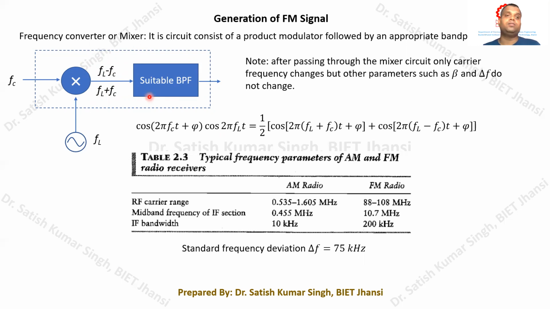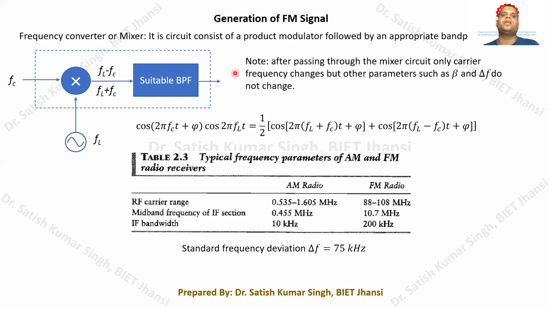Whenever we select fL minus fc, the output is a cosine function with frequency fL minus fc, and this is called down conversion. Down conversion of the signal has happened. Whenever we select fL plus fc, it is called up conversion.